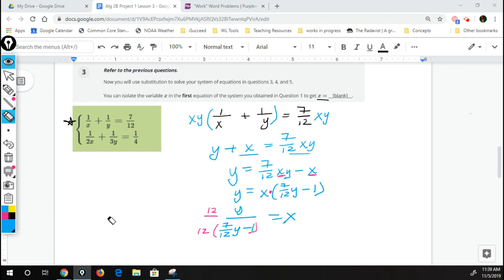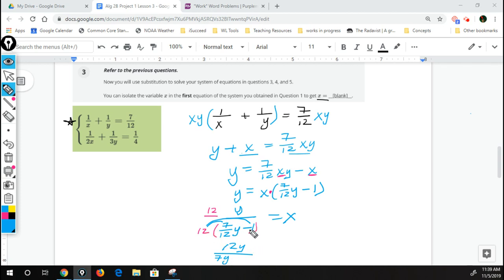So to do that, the numerator becomes quite simple. I would just get a 12y. In the denominator, we do need to use that distributive property because I have two terms here in the denominator, but 7 divided by 12, so division of 12 multiplying by 12, benefit of that, no more fraction.